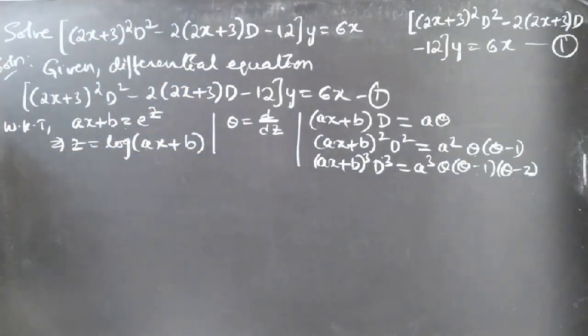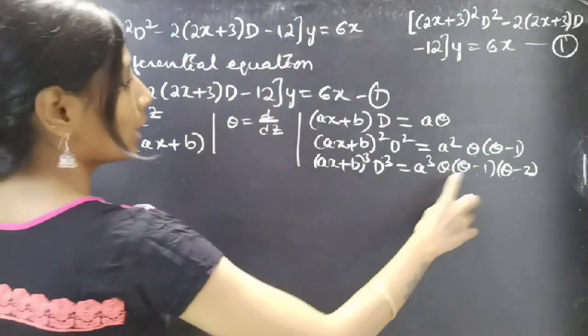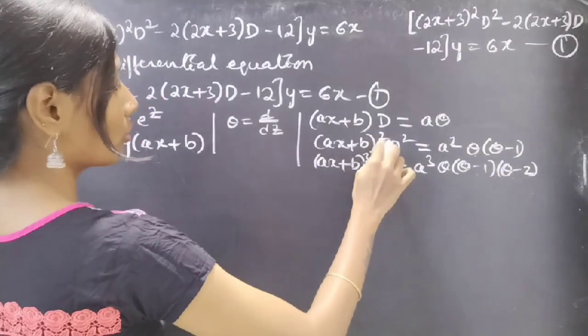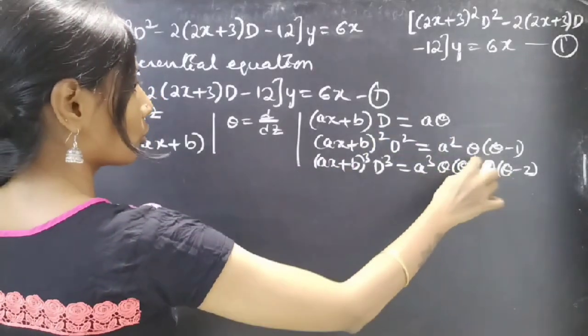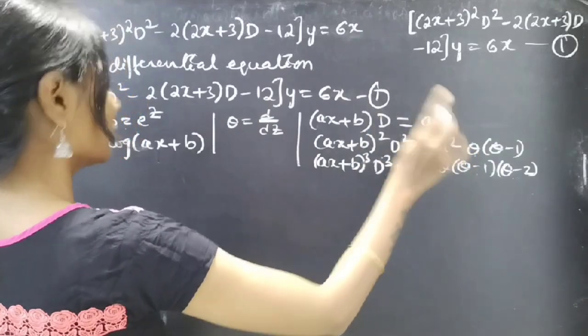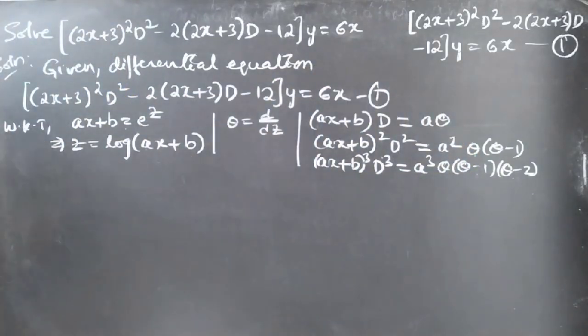If you get power 3, you get a product of 3 terms; if you get power 2, a product of 2 terms; if you get 1, you just get 1 term, theta.